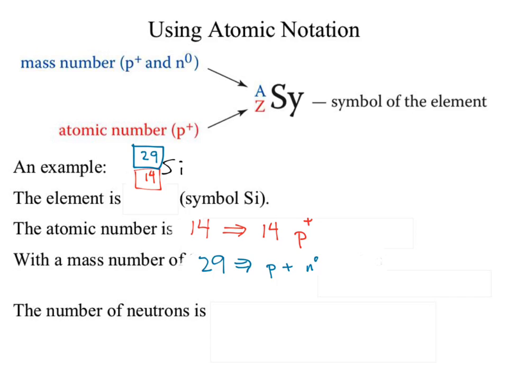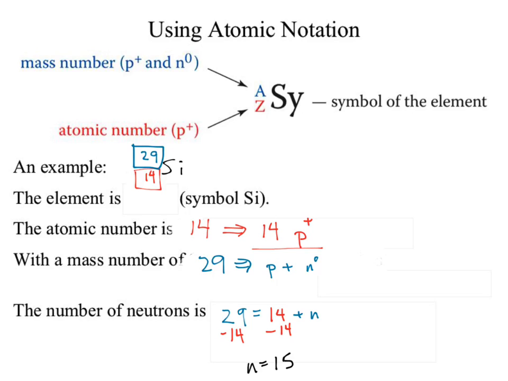Subtract the atomic number from the mass number. 29 equals our number of protons, which was 14, plus the number of neutrons. I can now solve for neutrons by subtracting 14 from both sides. Neutrons equals 15. Make sense? Okay.